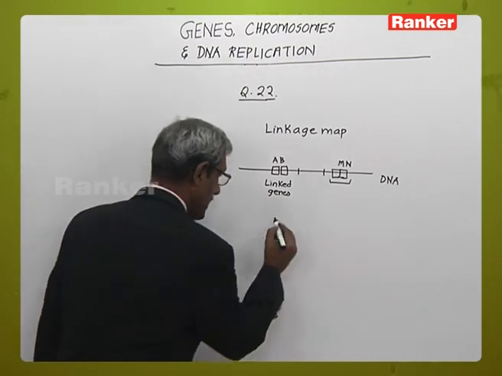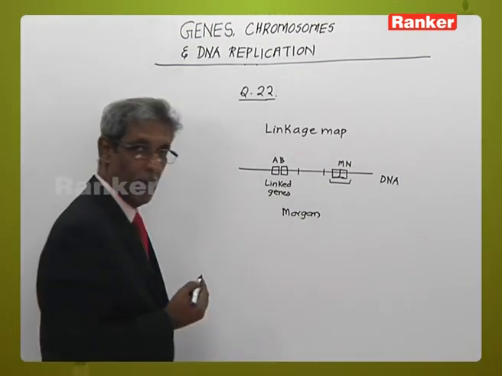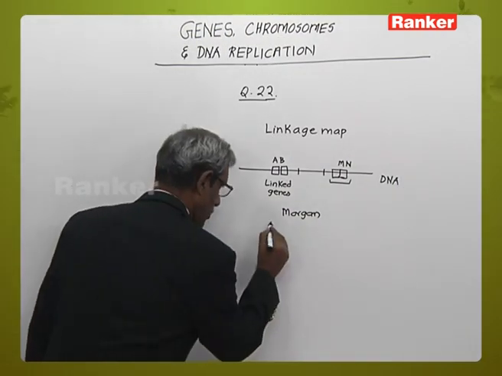Linkage map has been studied by Morgan, and it has been studied in Drosophila melanogaster.